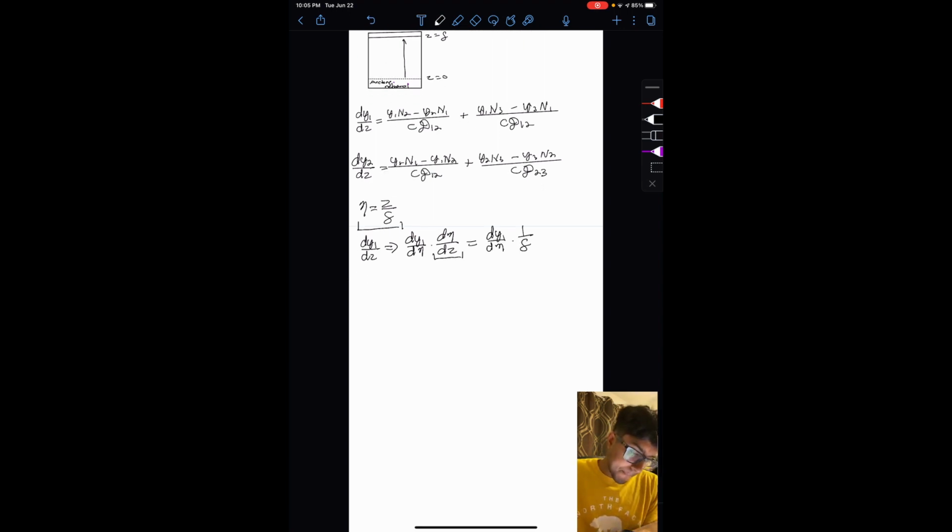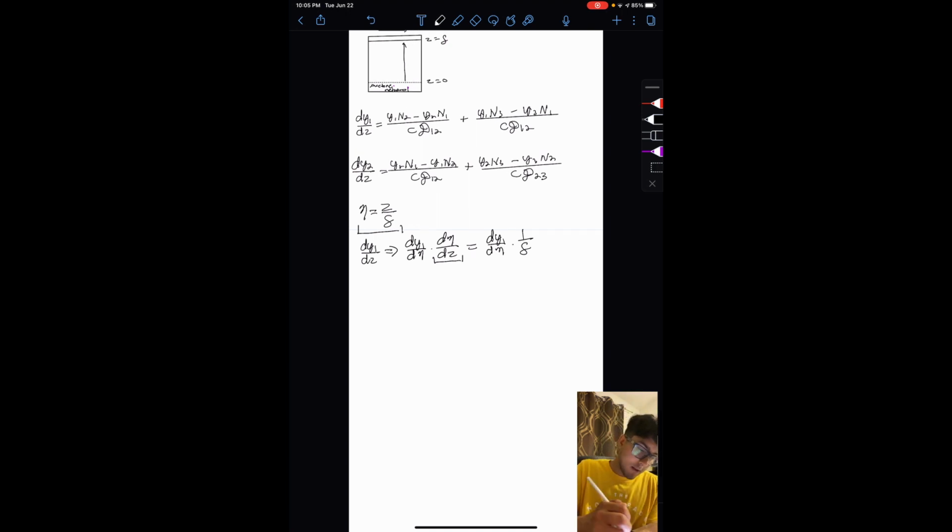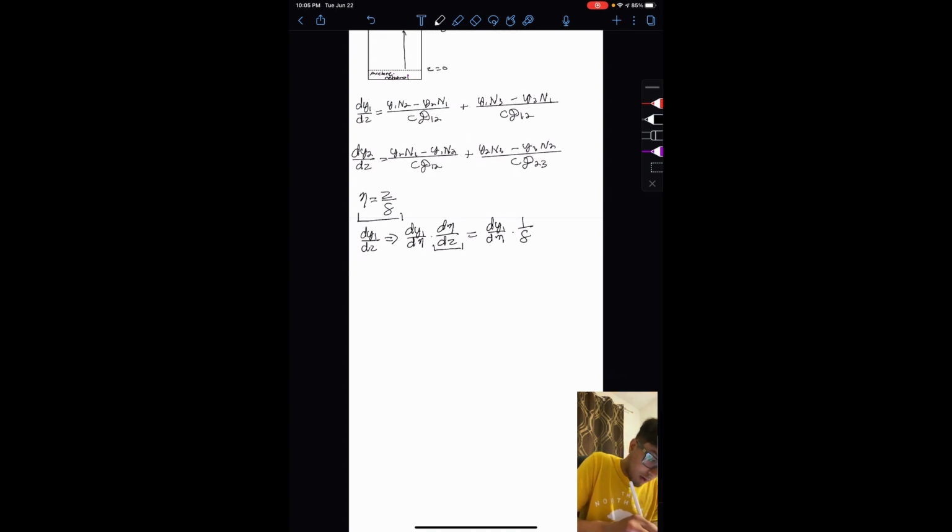Now we're going to set this equal to the right-hand side. So we have dy1 over delta d eta, and we're going to multiply both sides by delta.